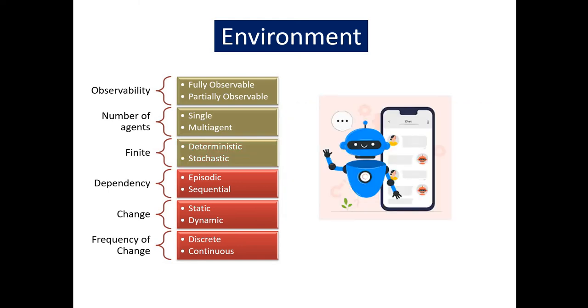And the next environment type goes by the dependency of activity. Episodic is where your activity depends only on the current situation. For example, you have a lot of chatbots like Alexa, Cortana, and many others. Whichever banking site you go to, a pop-up comes in asking whether you need any help or not.